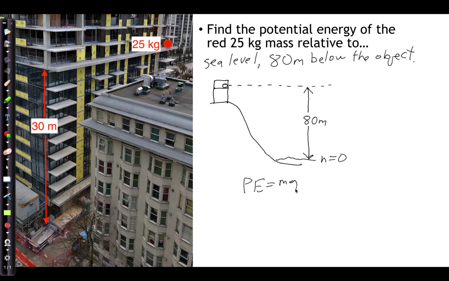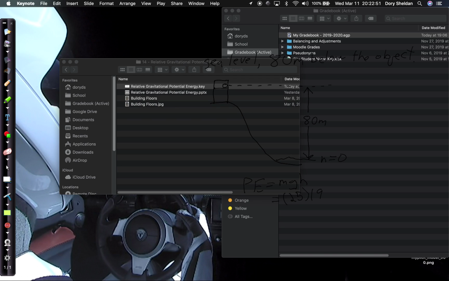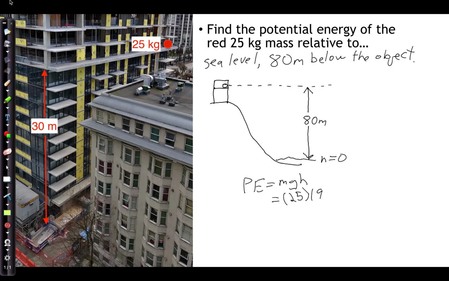So mgh, and so that is equal to 25 times 9.8. That's infuriating. I'm sorry about these glitches, folks. Mac is letting me down. 9.8, and then the height is 80 meters.